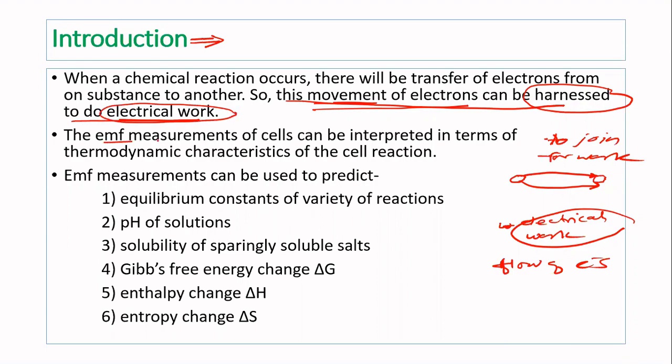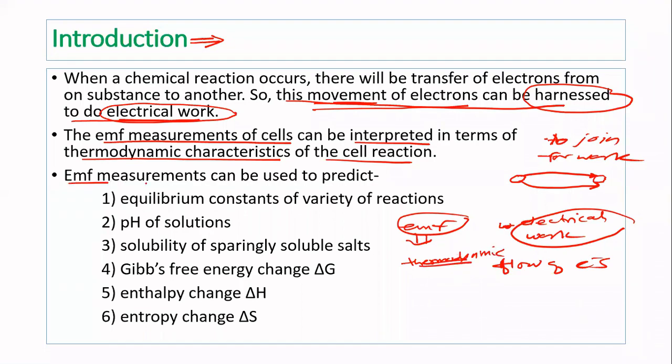The next is, EMF measurements of cells can be interpreted in terms of thermodynamic characteristics of the cell. That means EMF can be related with some thermodynamic characteristics. Next is, EMF measurements can be used to predict a variety of thermodynamic parameters.